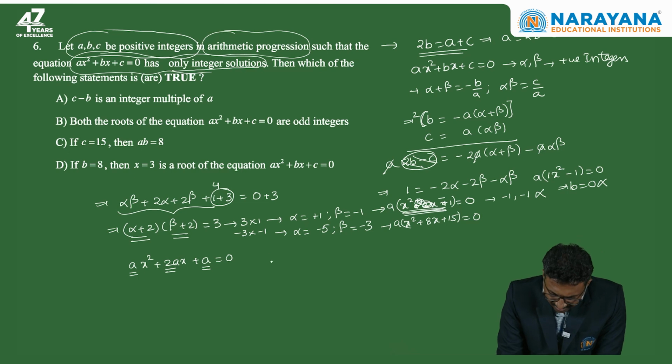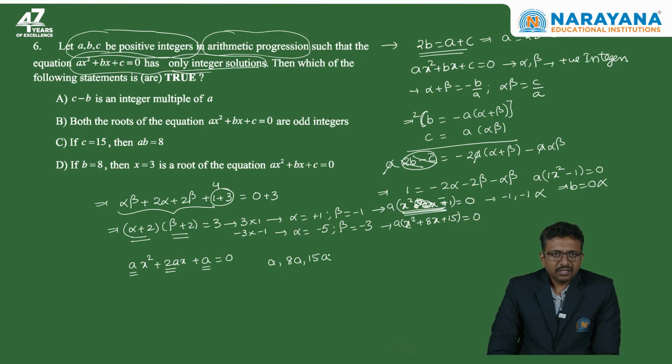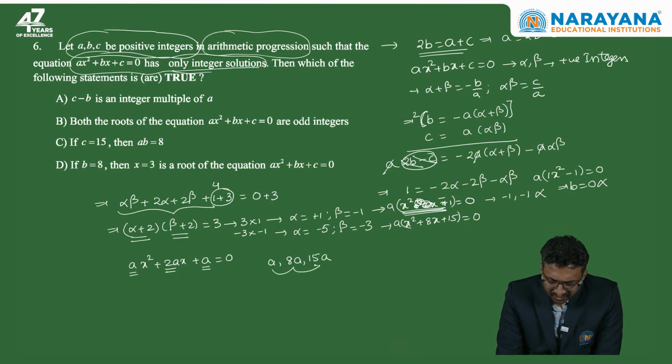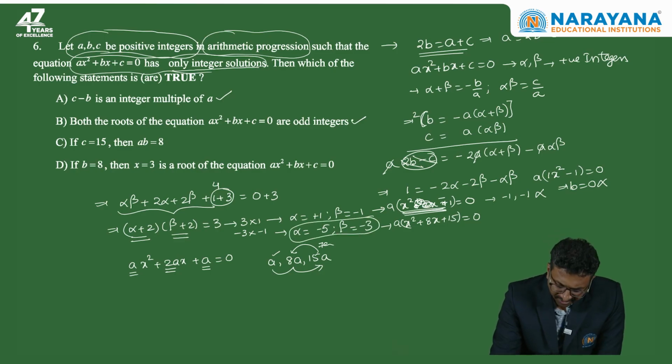So let's go to the next case. The coefficients are a, 8a and 15a. So these are the three numbers which are in AP. So c minus b, which is 7a, is always a multiple of a, which is correct. So both roots of ax square plus bx plus c are odd integers. So the roots are turning out to be minus 5 and minus 3, which is correct.